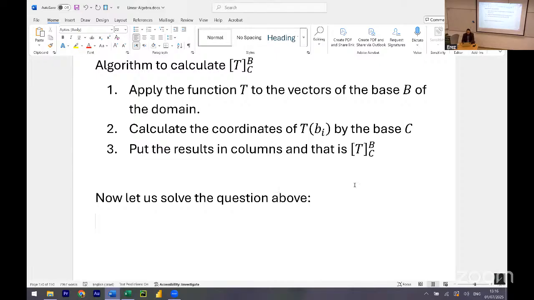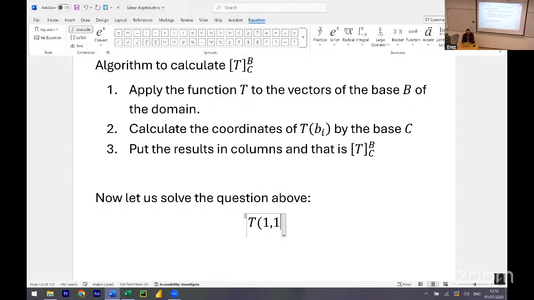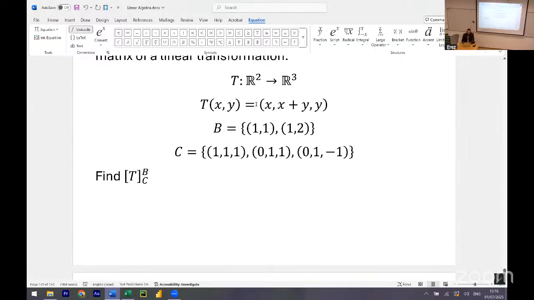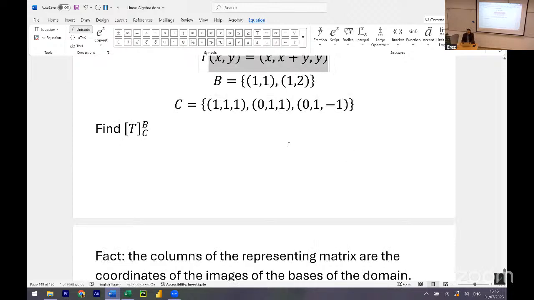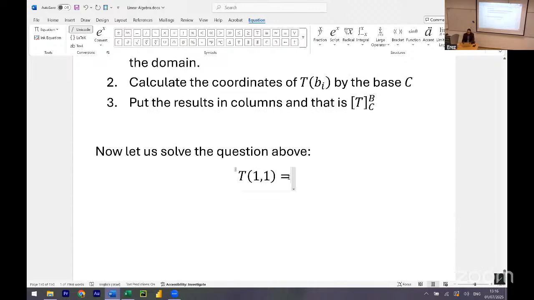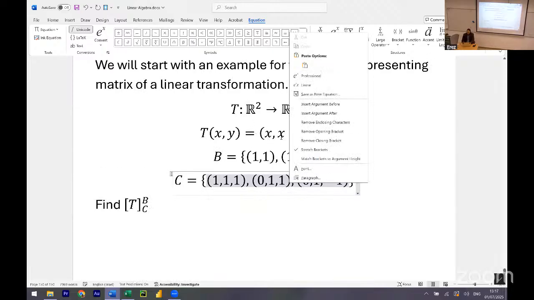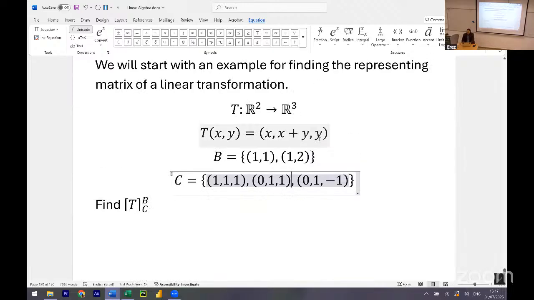So first step, T(1, 1), that's (1, 2, 1). Look at the formula. Right, T(1, 1) is (1, 2, 1). And T(1, 2), that's (1, 3, 2).